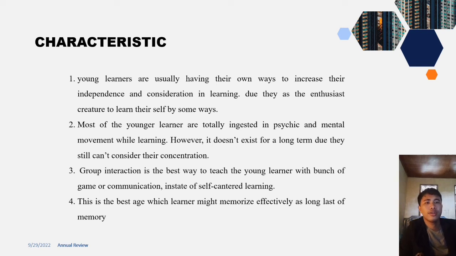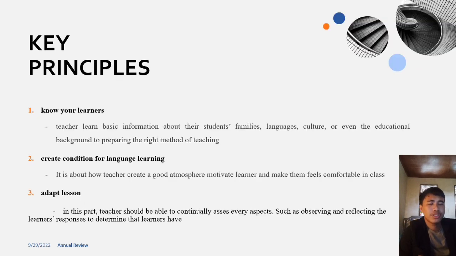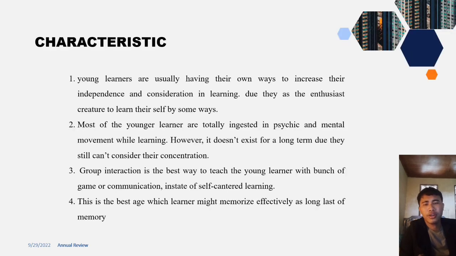And the second one, most young learners are very active in physical and mental movement while learning. However, it doesn't last for long, so they can still keep their concentration, but it means they may concentrate only for a short term.